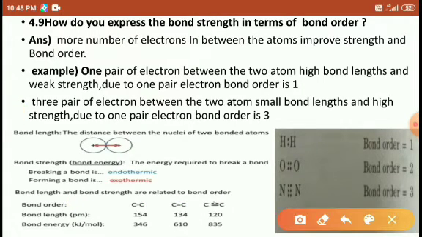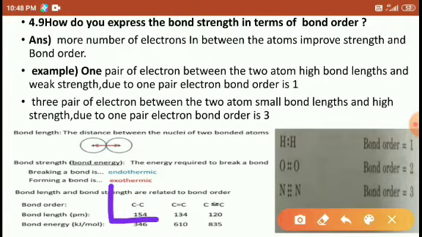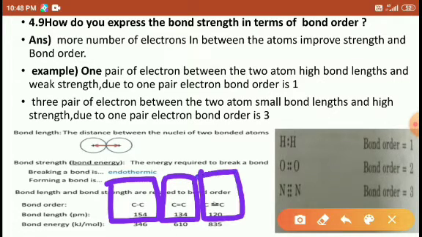The single bond length is 154 picometer, which is high, the double bond length is smaller, and the triple bond length decreases again, right, students?